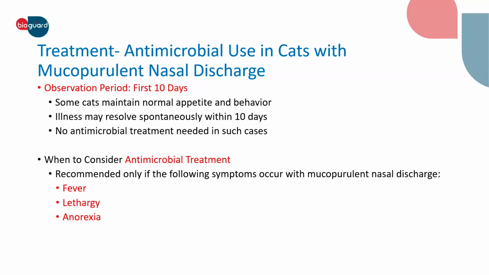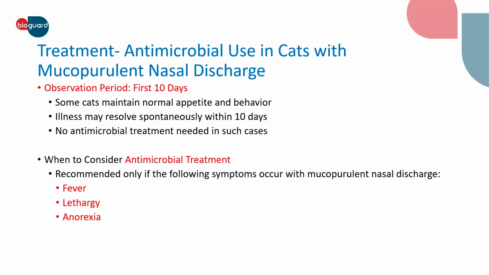For this, we usually suggest an observation period for the first 10 days, because some cats may maintain normal appetite and behavior, and the illness usually resolves spontaneously within 10 days. So in this kind of situation, no antimicrobial treatment is needed.